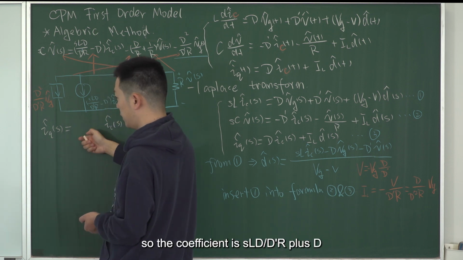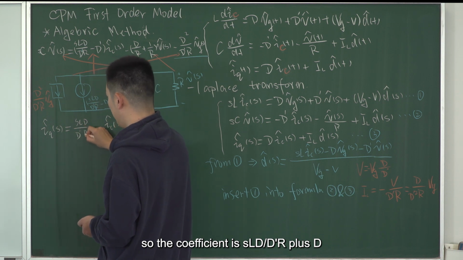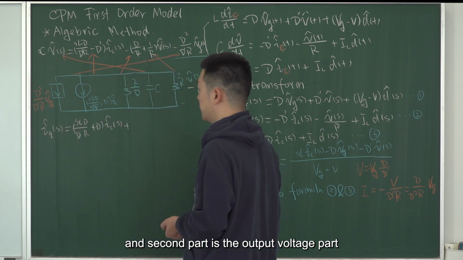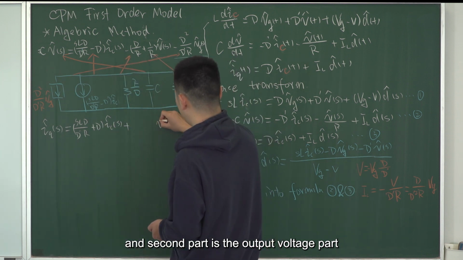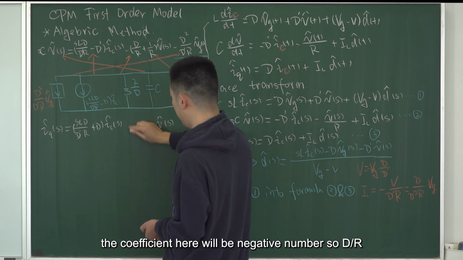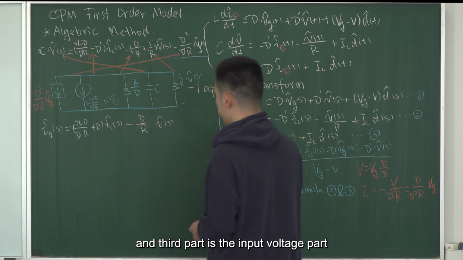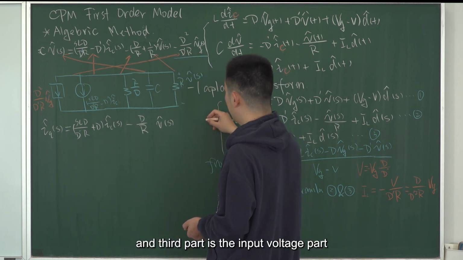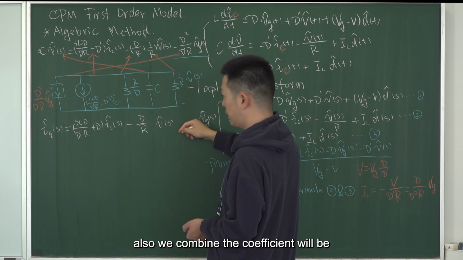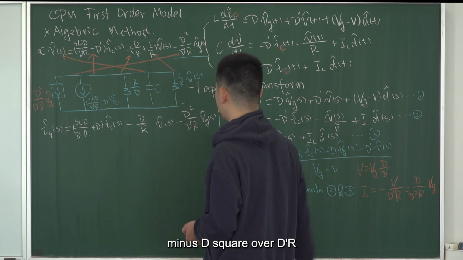So the coefficient is SLD over D prime R plus D. And the second part is the output voltage part. The coefficient here will be a negative number, so D over R. And the third part is the input voltage part. Also, we combine the coefficient, it will be minus D prime over D prime R, minus D square over D prime R.